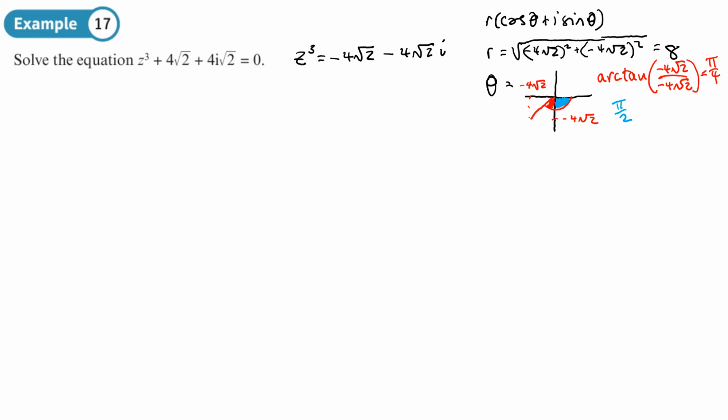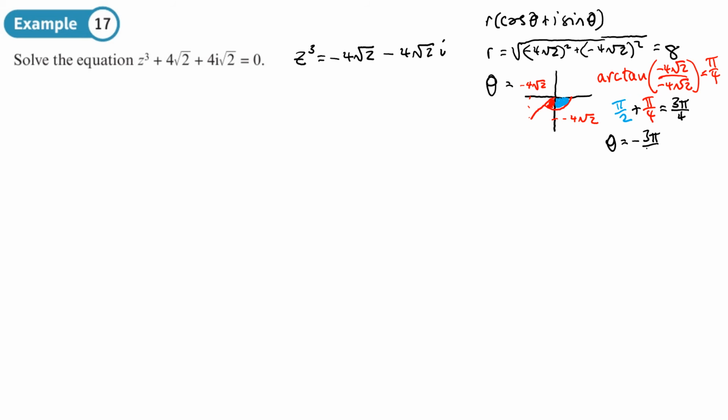So we need to add to that the pi over 4, and what we'll get is 3 pi over 4. But because of where this complex number is, it's negative 3 pi over 4. So negative 3 pi over 4.